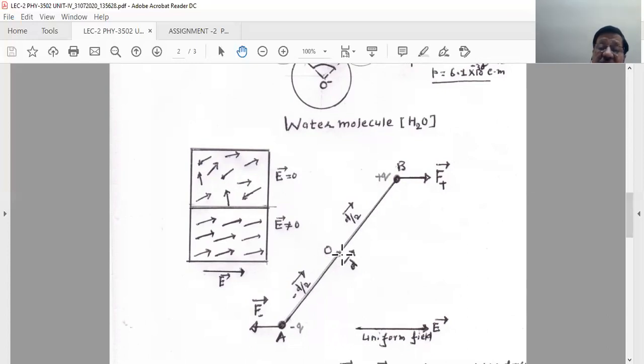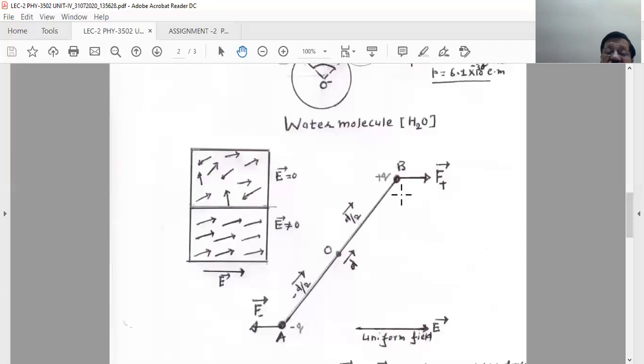Now, if you take the center and measure a displacement from point O to B, it is represented by vector d by 2, because it's the center. So you have half of the vector d, measured from O to B. Similarly, the displacement from O to A can be written as minus d by 2, one half of vector d with a minus sign, because I'm going in the opposite direction to the vector d.